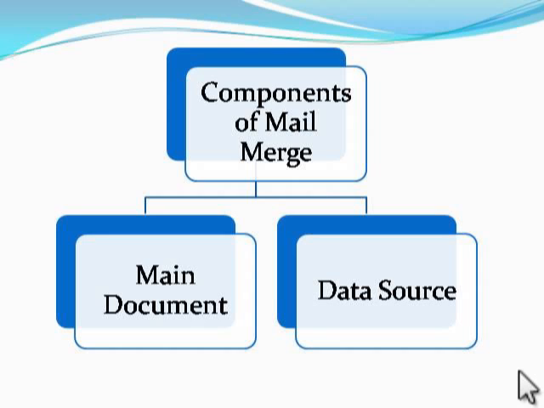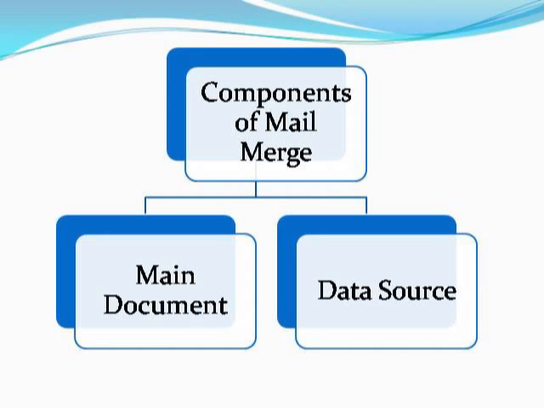First is the main document and the other one is the data source. The main document contains the matter which is the same for each version of the merged document, whereas the data source is a file that contains the information to be merged, such as names, addresses, etc.